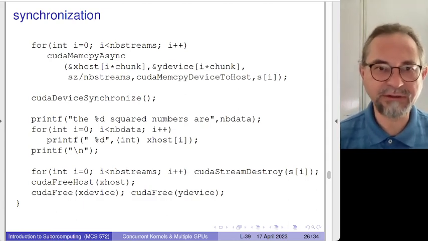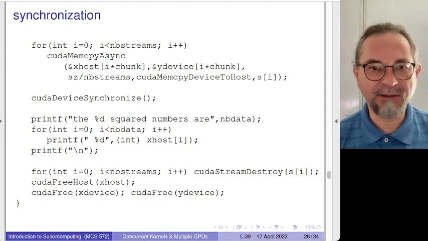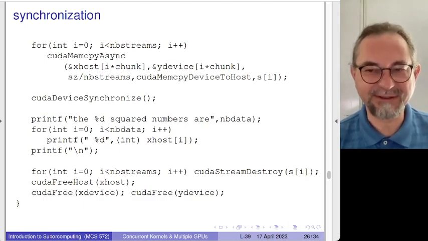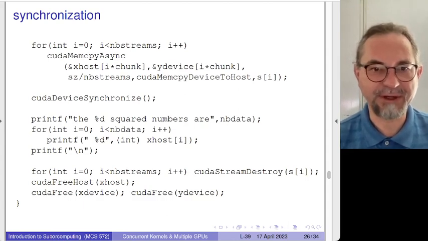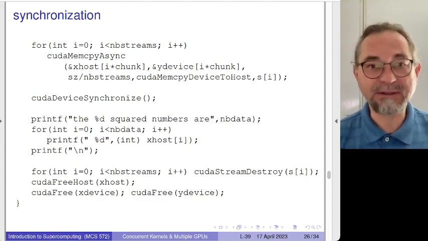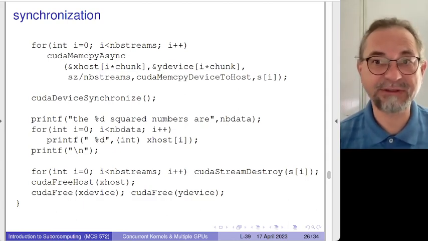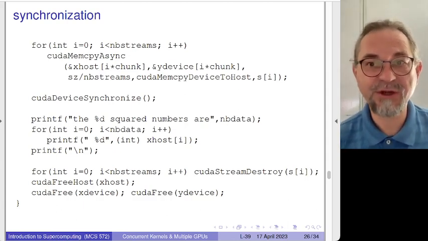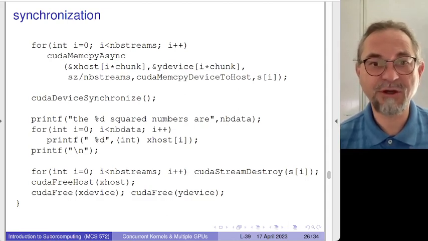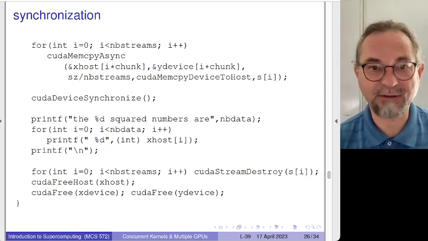We have to synchronize here, and in some sense this is a little bit similar to what we did earlier with the MPI barriers when we were doing the print. So in some sense we have to wait. So these are non-blocking data transfers. We have to wait for all these non-blocking transfers to be finished before our print will actually print out the correct numbers.